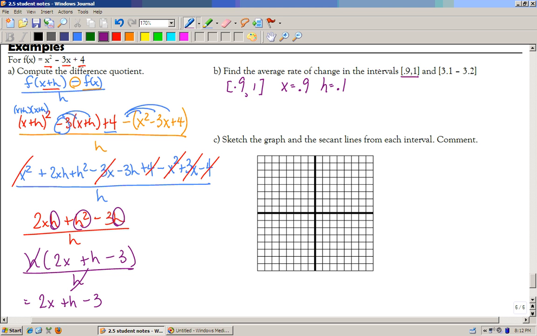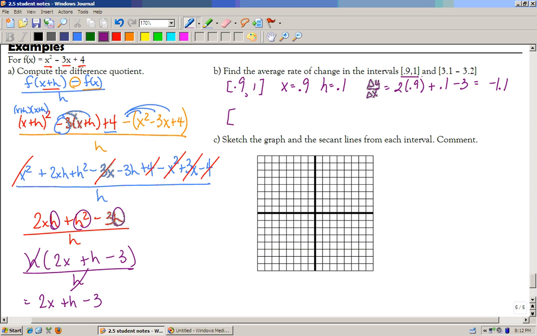That's the h. So now, instead of doing that slope formula over and over, we can just plug this into the difference quotient, which you just found down here. So we can plug in 2 times x, which is 0.9, plus h, which is 0.1, minus 3. And when you calculate that through, you get negative 1.1.